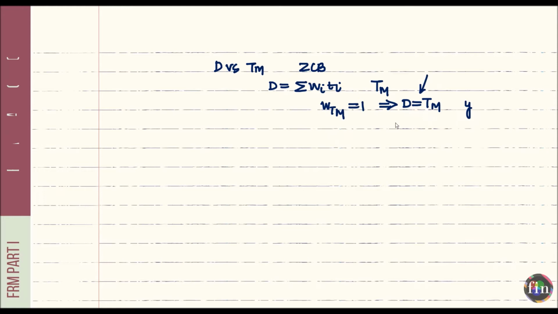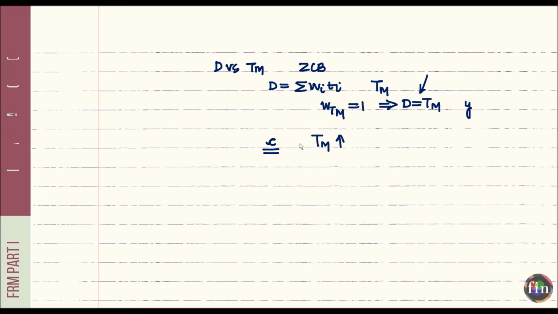Okay, now let's do this. Let's introduce a certain coupon. Let's move away from this concept of a zero coupon bond, and let's now try and play with TM. Okay, let's try and increase TM because that's the variable which we are interested in.